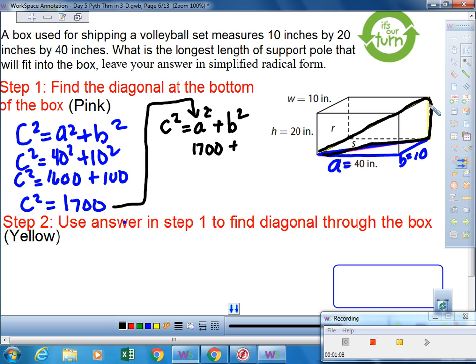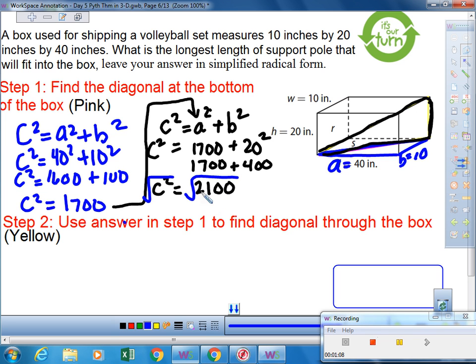And I'm going to add, what's this side right here? 20. It's the same right here. So I'm going to put 20, but that's not squared, so I need it squared. Now I have 1700 plus 400. C squared equals what? 2100.